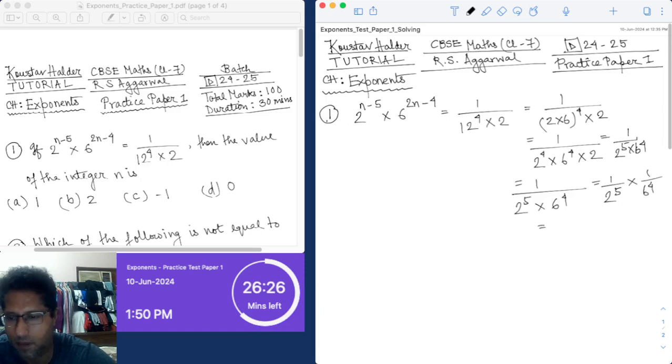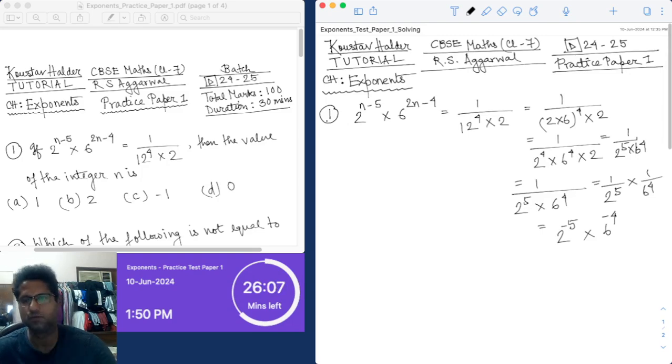This is nothing but 2 to the power minus 5 multiplied by 6 to the power minus 4. Now I will not explain the details of all the concepts that I am using in solving the problem, since I have to solve it in 30 minutes.